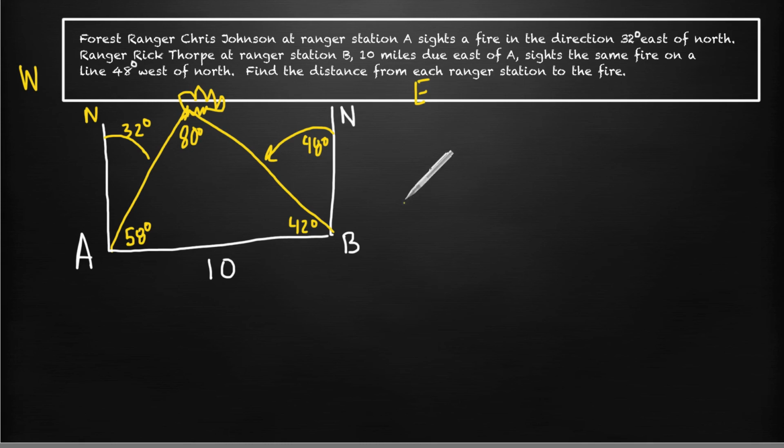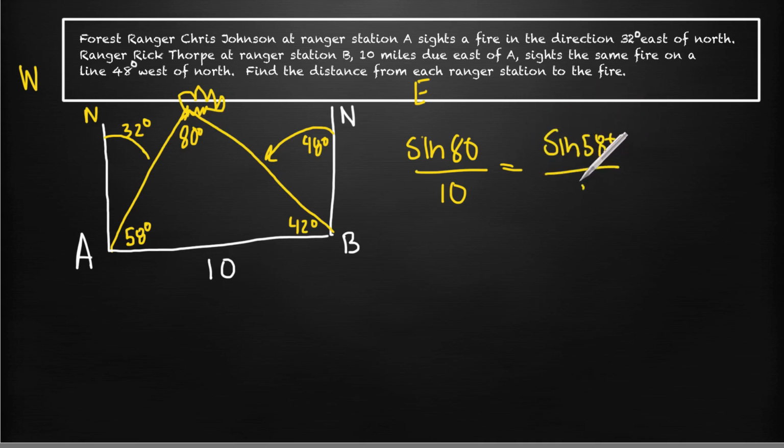All right, so now it's a pretty simple problem. We can use law of sines to figure out how far each ranger is from the fire. So we'll start out and we will say sine of 80 over 10 is equal to, so we're looking at this angle and this side, is equal to sine of 58 over little a.